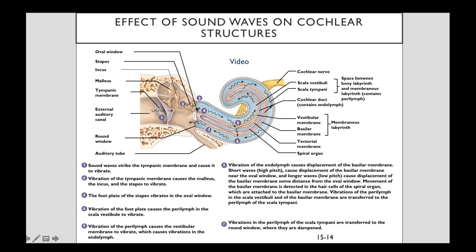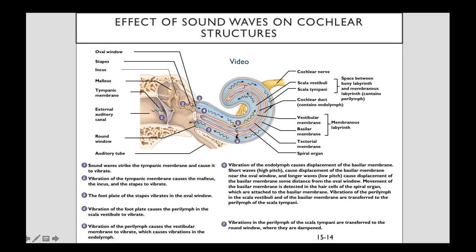From the oval window, we are going to cause vibrations within the perilymph of the scala vestibuli. This will continue through, causing vibration of the cochlear duct as well, which will vibrate the endolymph within the cochlear duct. This displaces the basilar membrane, which is seen over here.